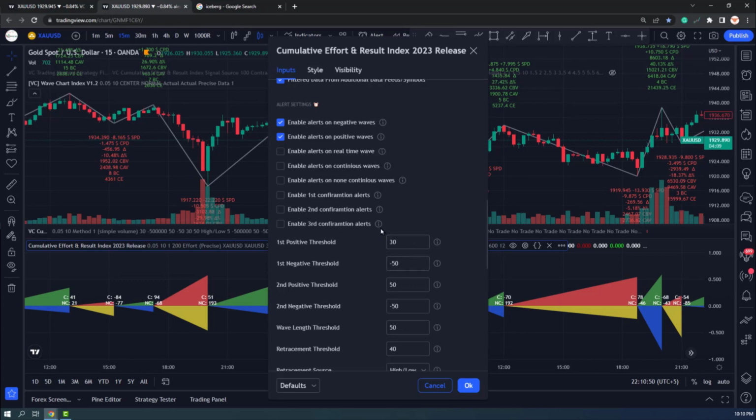In the current example, we are giving a command to the system if the threshold is 30 or more, for negative and positive, for both waves, an alert should be triggered.